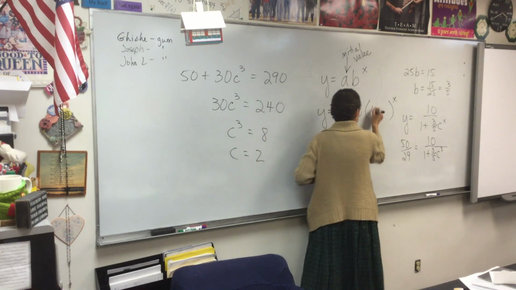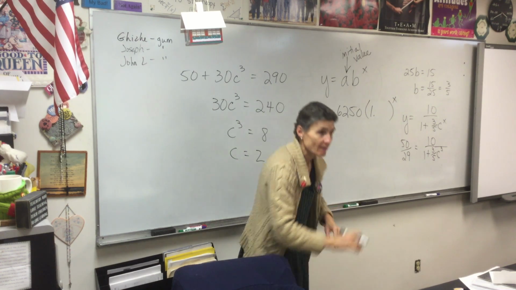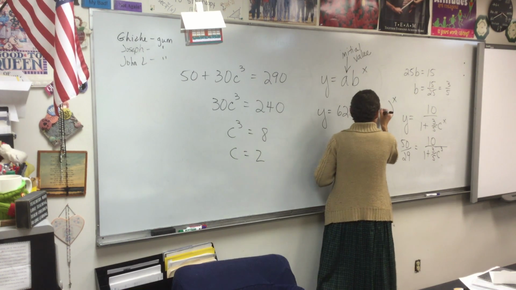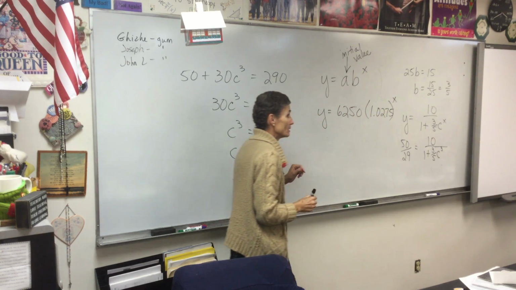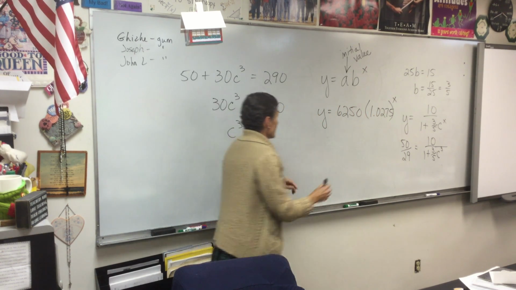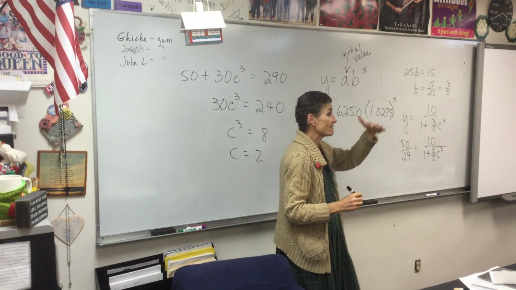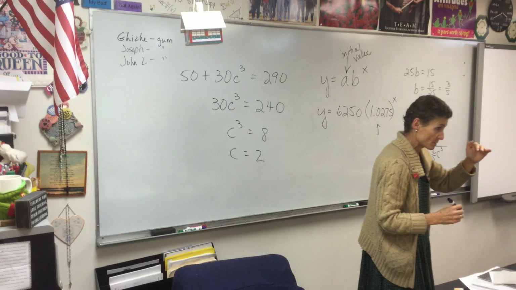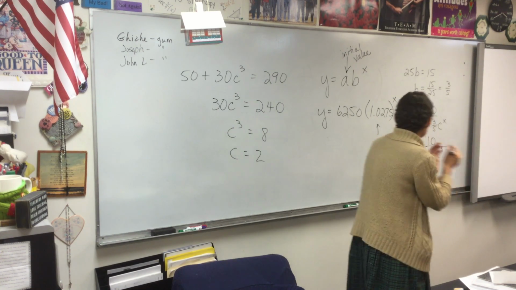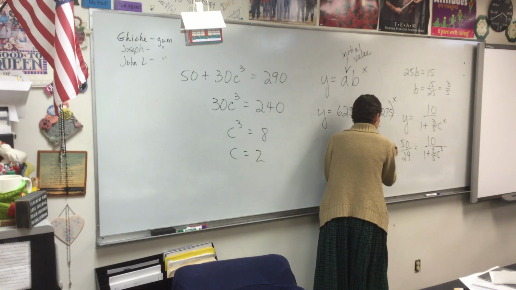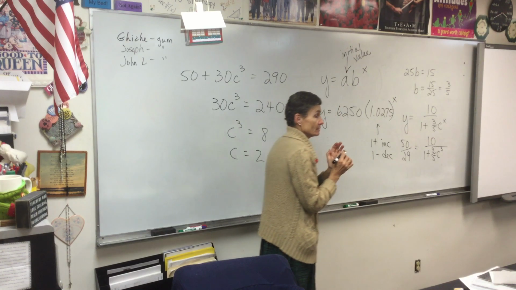1 point, I can't remember, what was the percentage? 2.75. So it would be 1.0275. Remember, this number shows your rate of increase or decrease, right? But it's not a single percentage. It's 1 plus the increase or 1 minus the decrease.